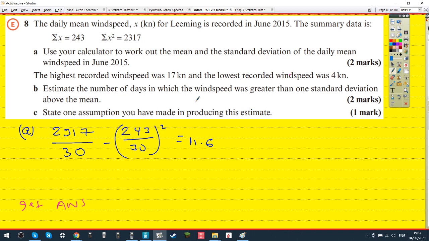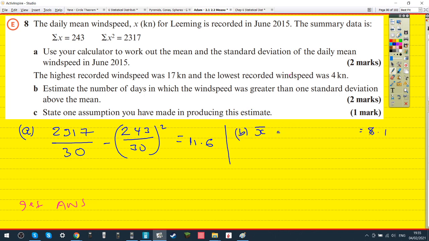It's X bar. How do you get X bar for when you have summary data like this? Do you do 243 divide... Wait, you don't know how many... Would it just be 243 divided by 30? What's that? 8.1.